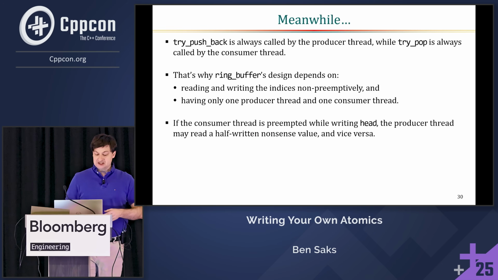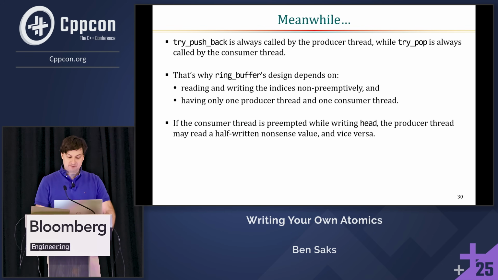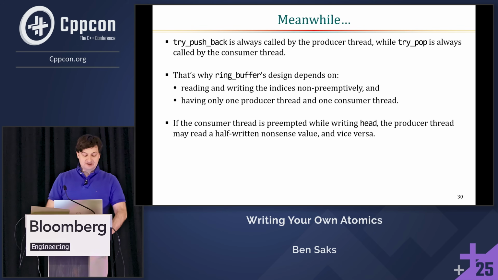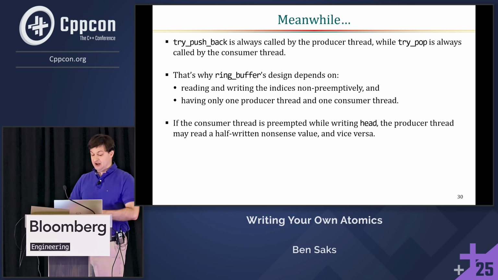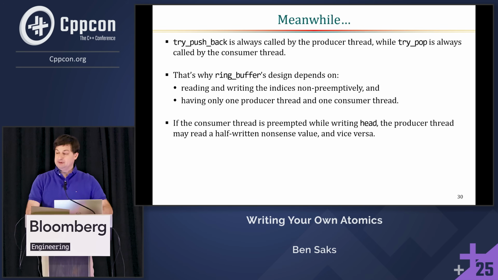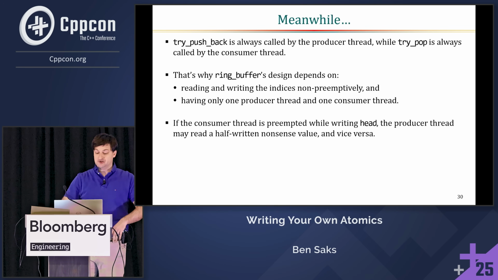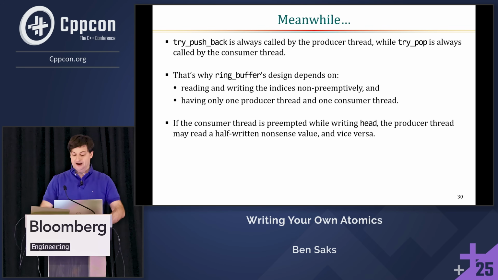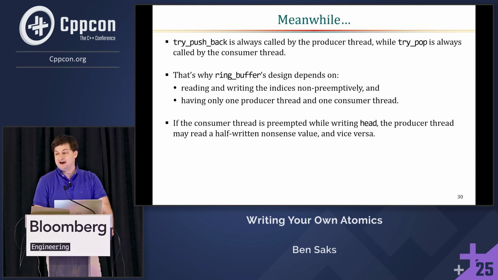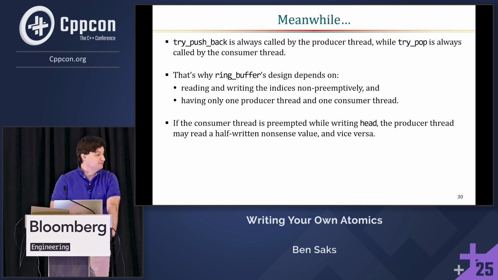So this is being called from a different thread. Try pushback is always called from the producer thread, whereas try pop is always going to be called from the consumer thread. And so if the consumer thread happens to be updating the head index, and the producer thread preempts in and tries to read the head index in the middle of that write, it's going to read some half-written nonsense value. That's not going to be good.